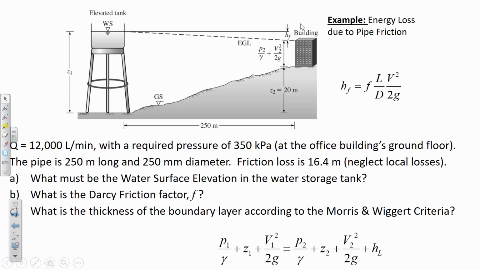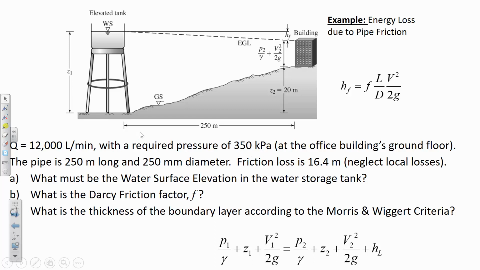Okay, let's finish up today with one more calculation, one more example. Let's say that we have an elevated water tank that provides water to a building, and you can see from the problem statement that we're delivering 12,000 liters per minute, and at the ground floor of this office building, we want to make sure that the pressure is 350 kilopascals.